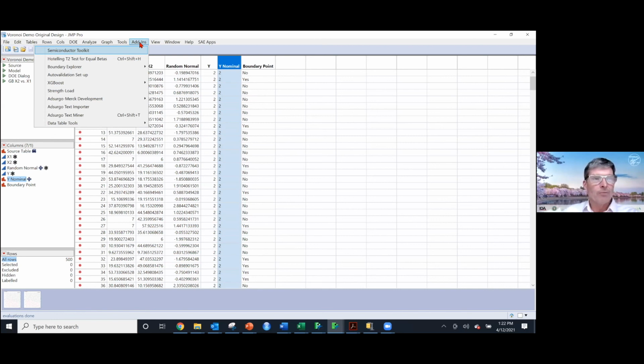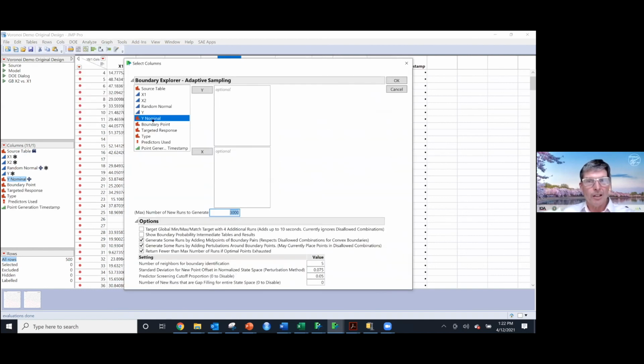If I come to the add-in, I can come under Boundary Explorer and do my adaptive sampling. I know that I want to put in both y and y nominal here, and my x's are going to be all three of these variables, x1, x2, and the random one. Okay, so I'll put those in.